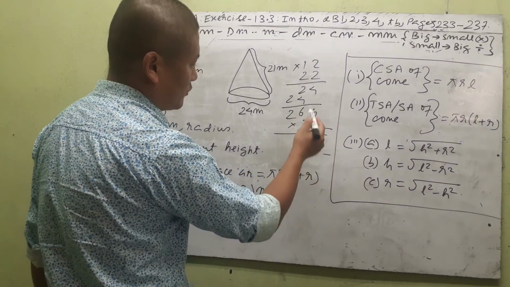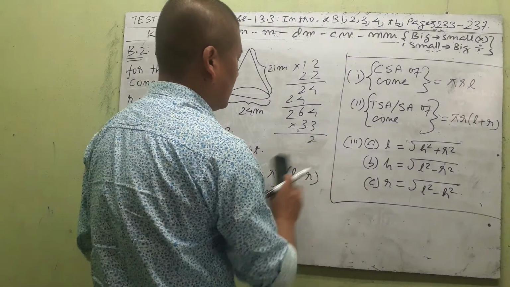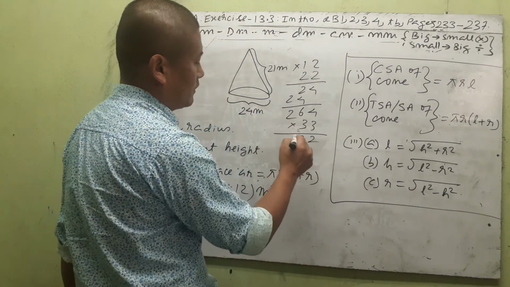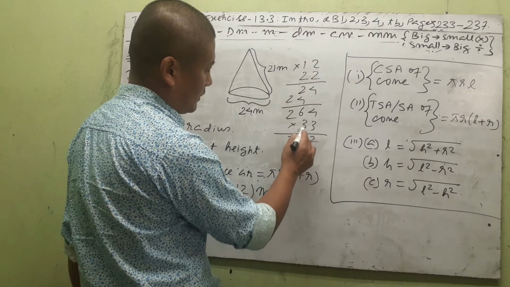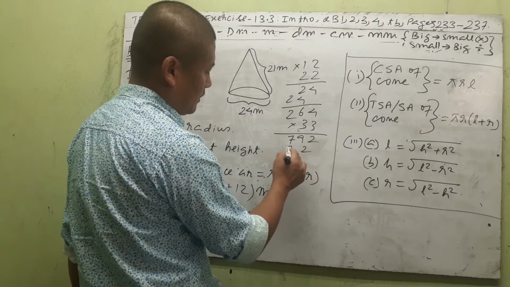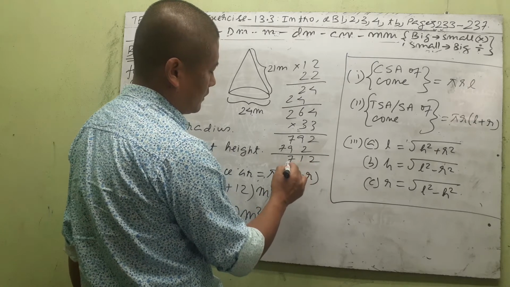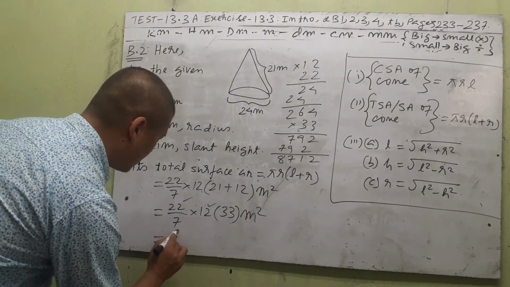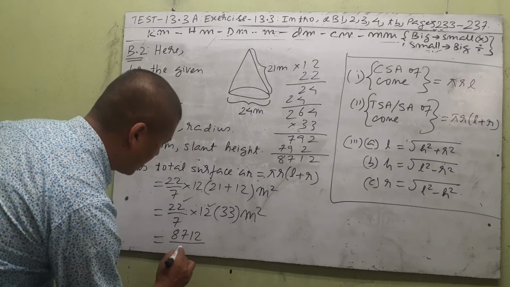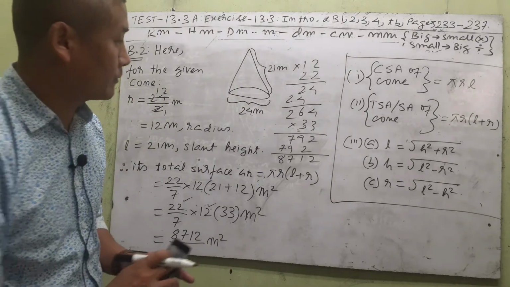That's our answer on the numerator. 3 4s are 12, 1 in hand. 6 are 18 plus 1, 19. 2s are 6 plus 1, 7. So same numbers here again, 3. So 2, 9, 7 we repeat. Then 2, 11, 17, 8, 7, 1, 2. So 8712 divided by 7 meter square.